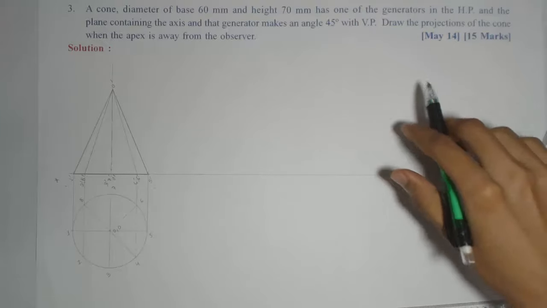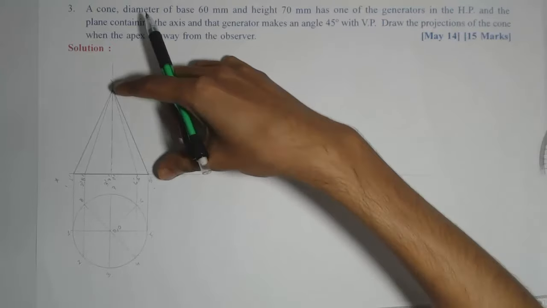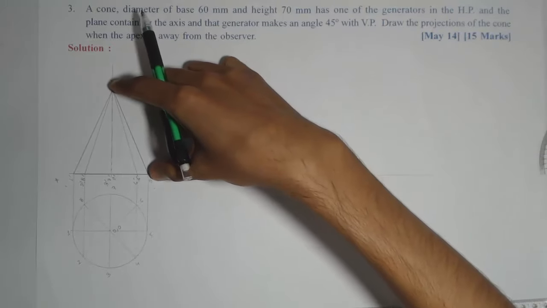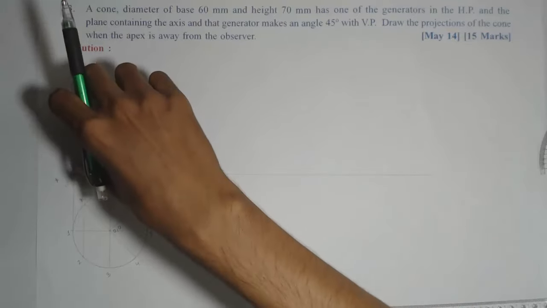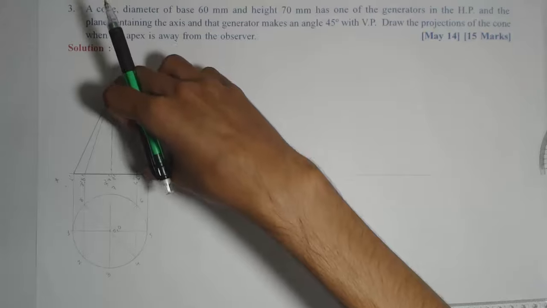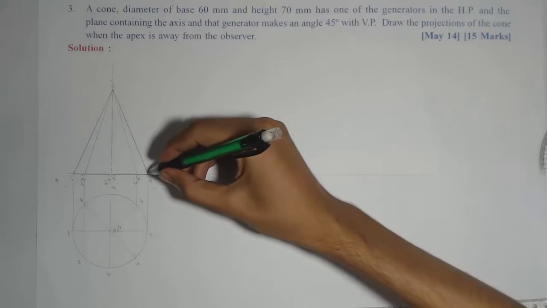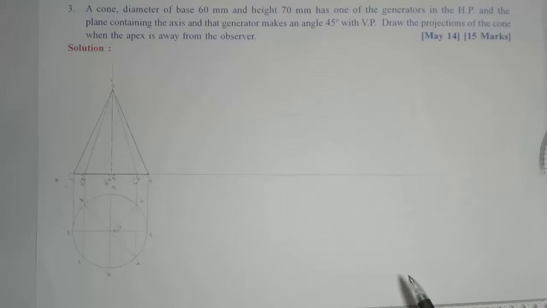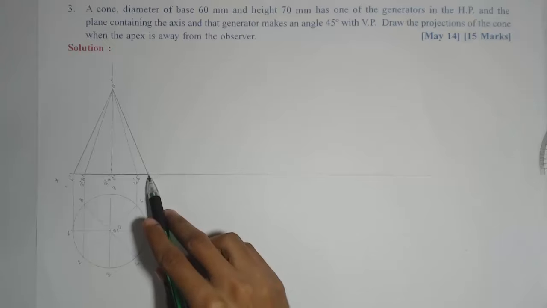Now in the second stage, one of the generators is in the HP. So here that outer generator O dash 5 dash, in the second stage I have to keep it in the HP, meaning the entire front view will be rotated with O dash 5 dash entirely lying on the XY. So in that case I have to keep one of the points on the circumference still on the XY line.